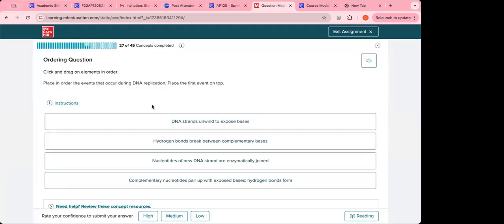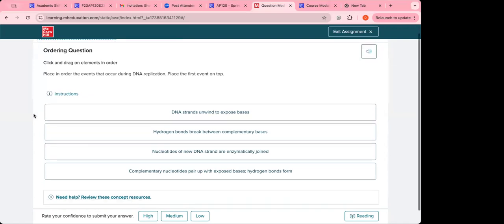Yeah, the DNA strands unwind, the hydrogen bonds break after that, and then the complementary nucleotides.